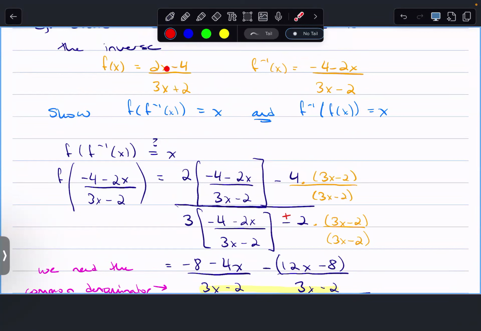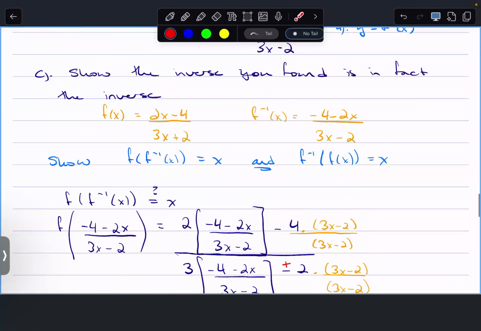Be easier if you only had x once in there somewhere, right? But then you're just in a y equals mx plus b scenario. And so maybe if a coefficient was 1, that might make it easier on the x. But we have to show that the inverse composed with the function is also x.